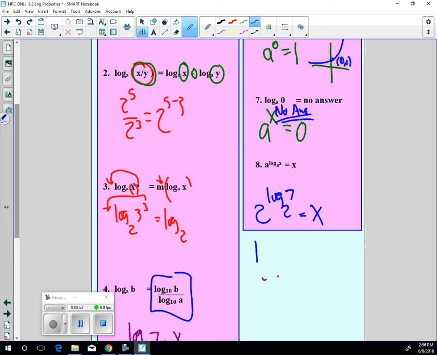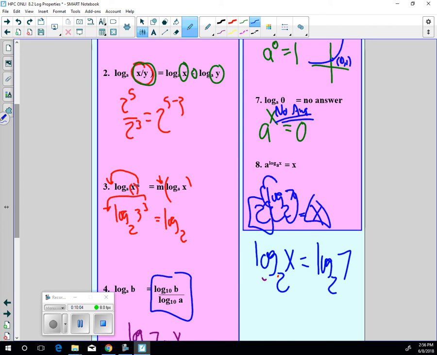So change it: log base 2 of x equals log base 2 of 7, base, number, exponent. Okay, so what does x have to be in order for this to be true? x has to be 7. So that's where you get a to the log base a of x equals x.